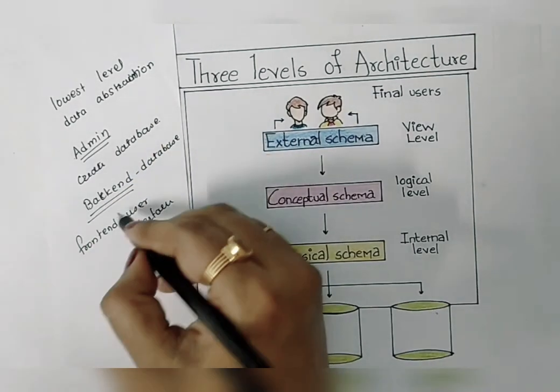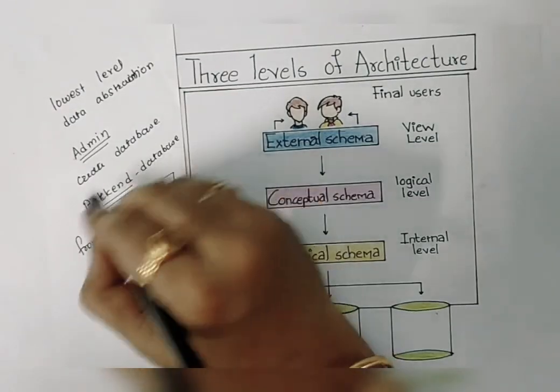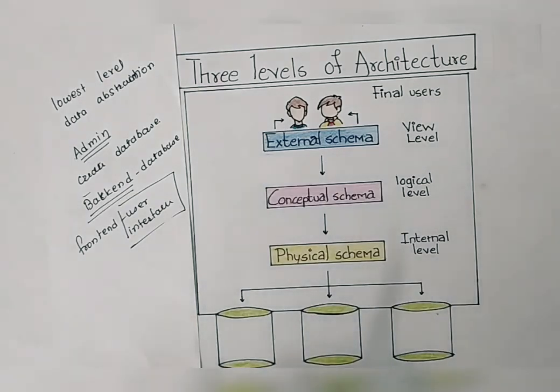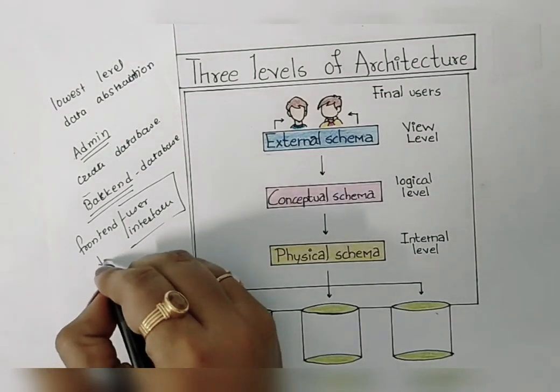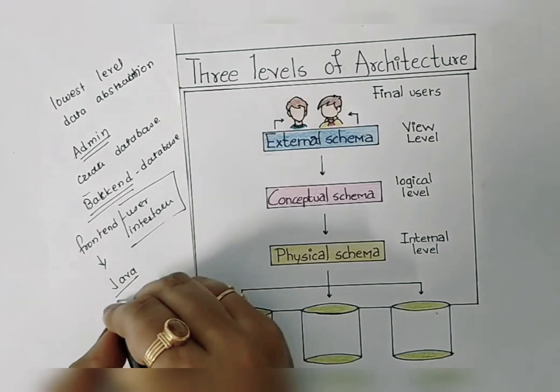So the user interface has the highest level of data abstraction. The backend, or database physical schema, has the lowest level of data abstraction. So this front end can be designed or developed by using any programming language like Java.